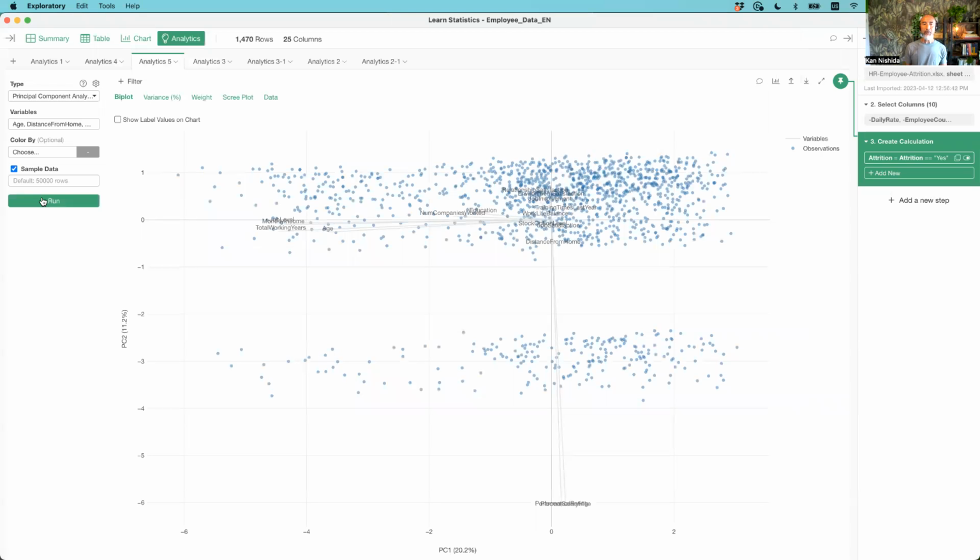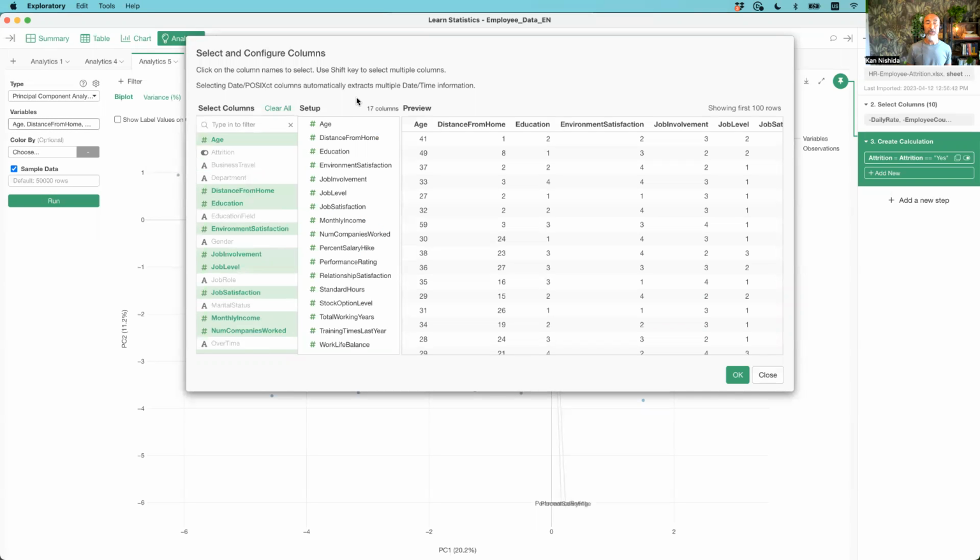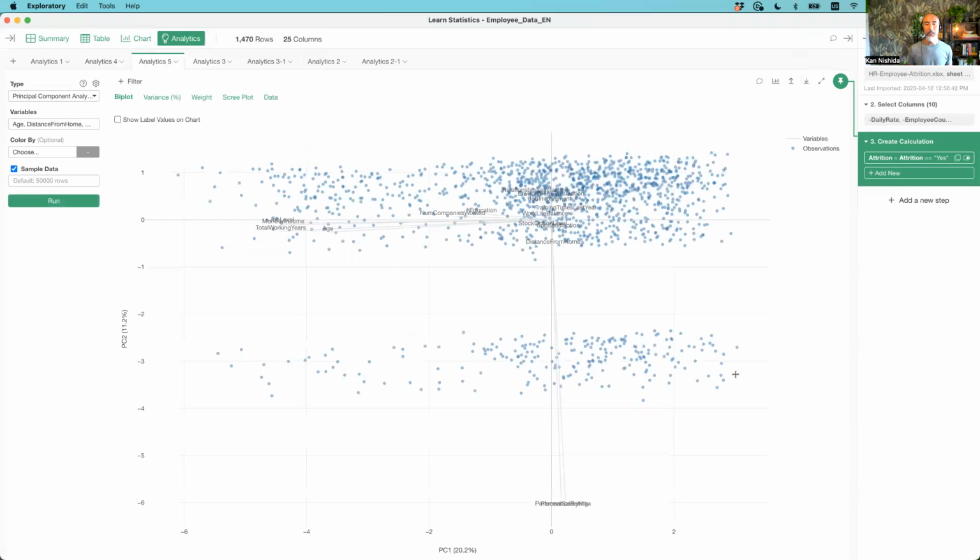And what just happened is, you remember we have to select how many variables we selected: 17 columns, 17 variables. The first component is the x-axis, and the second component is the y-axis. And with these two, how much of the information can we actually express?